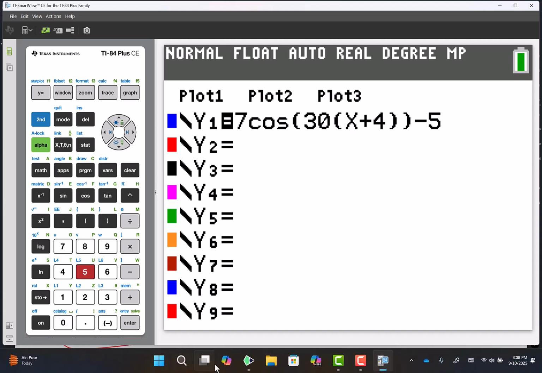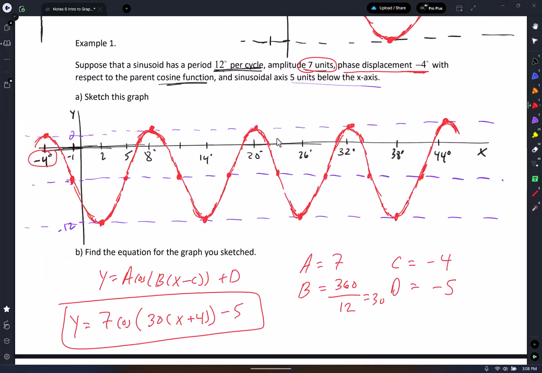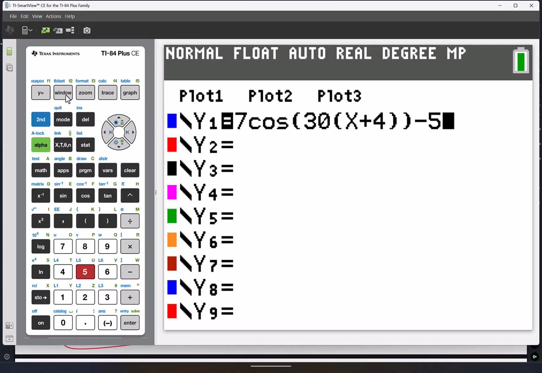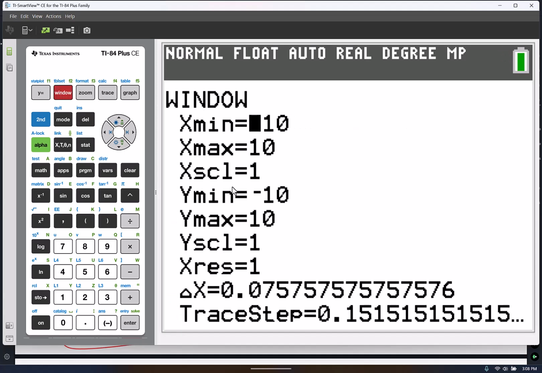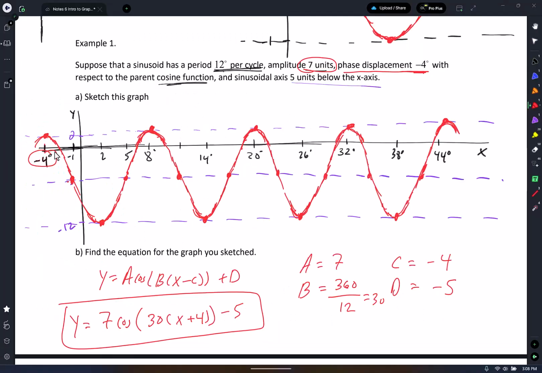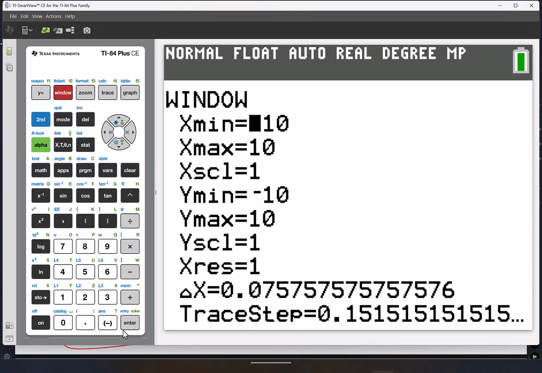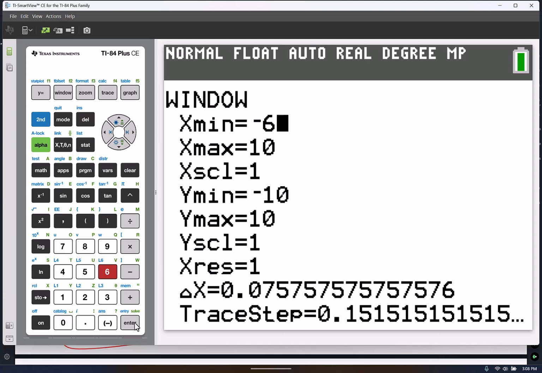All right, you want the window to look like this window. So click on, you see where it says window? It's the second from the y equals, click window. My x min, well, the smallest x I have here is -4, so I'm going to go a little bit to the left of that, so like -5 or -6. So -6, the negative is next to the enter.